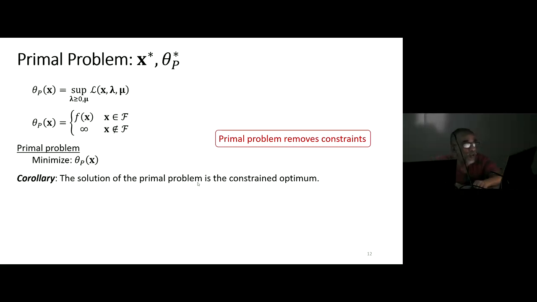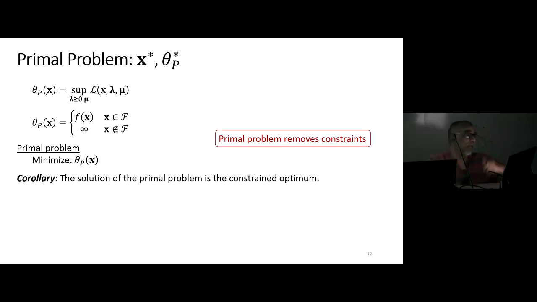So the solution of the primal problem is the same as the constrained optimum. Yes? I'm not able to understand this thing, like the primal problem removes the constraint. Isn't it the Lagrangian equation that helps to make an unconstrained equation?